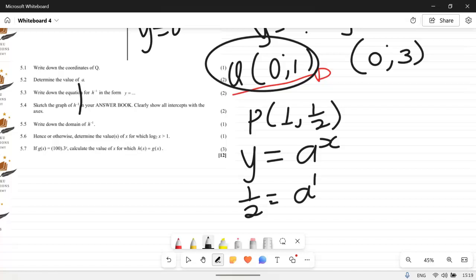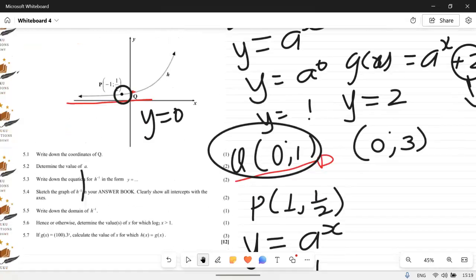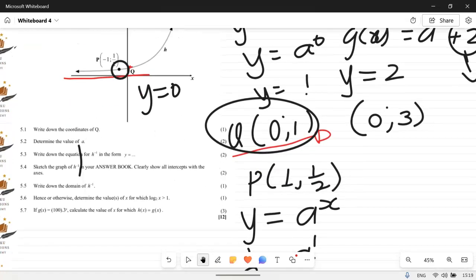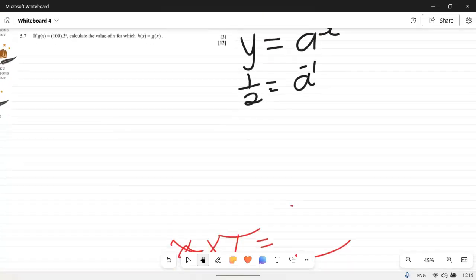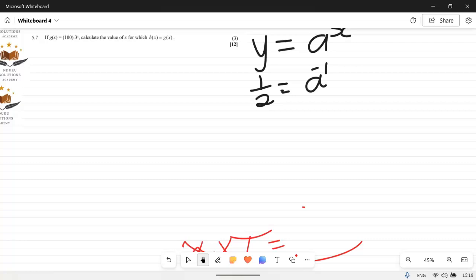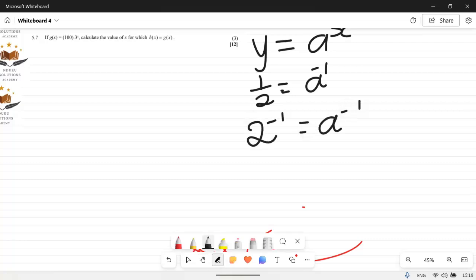So I have 1 over 2 equals a to the power of... let's verify that the question was actually negative 1. My bad, that's negative 1, and negative 1. So the point is actually negative 1. Good. We can easily find the value of a by saying 2 to the power of negative 1 is equal to a to the power of negative 1.